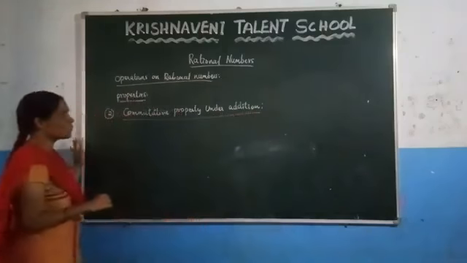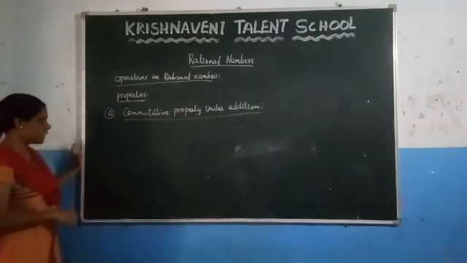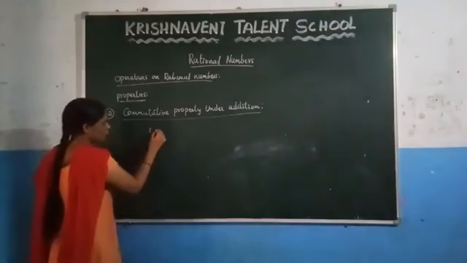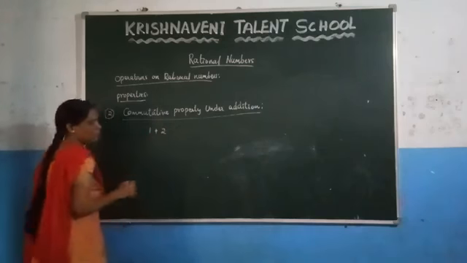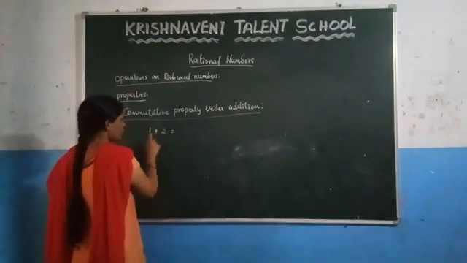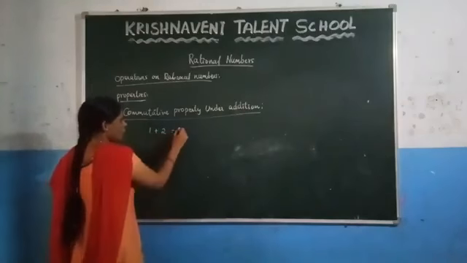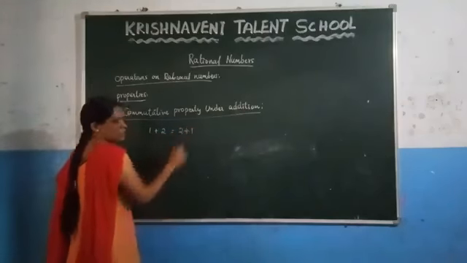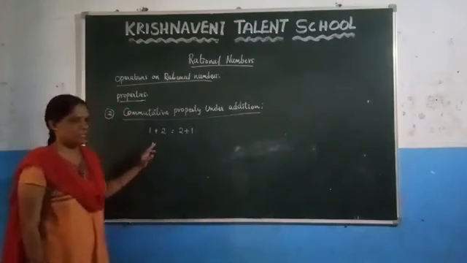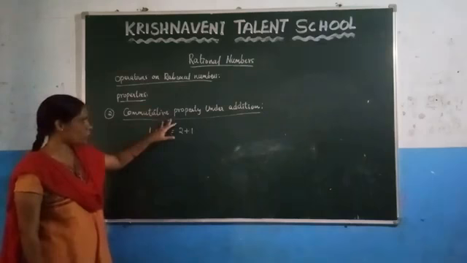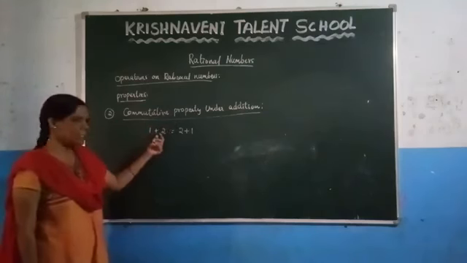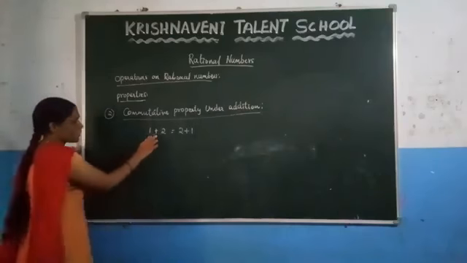Here the commutative property states that if you consider any two rational numbers and change the order, let us change this order, here we have written 1 plus 2, write here as 2 plus 1. After changing the order you have to get the same result. Then we can say that the commutative property holds good under addition.